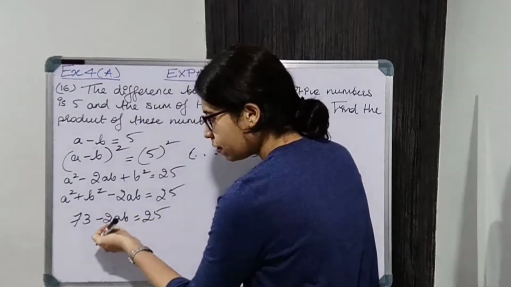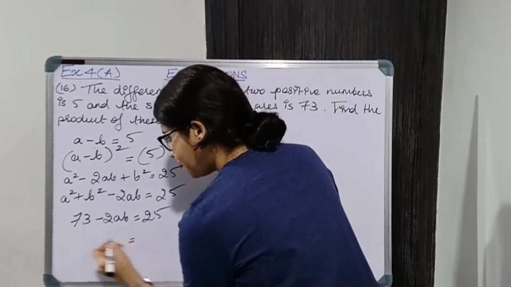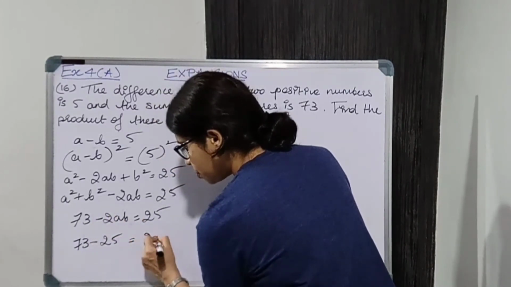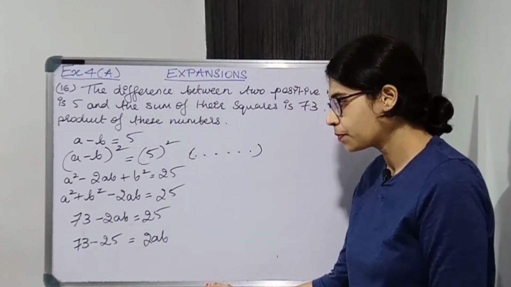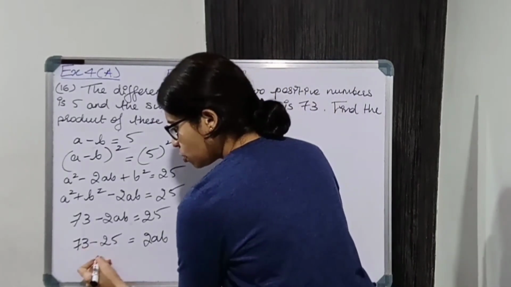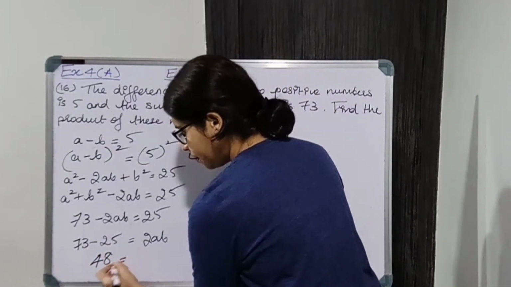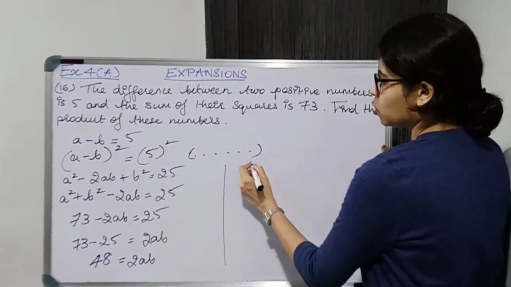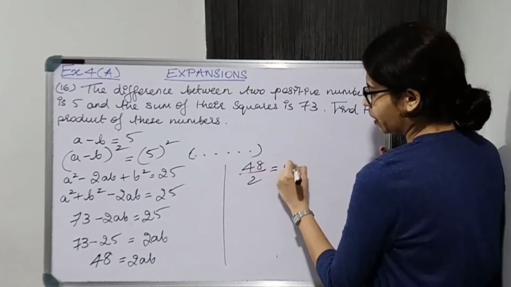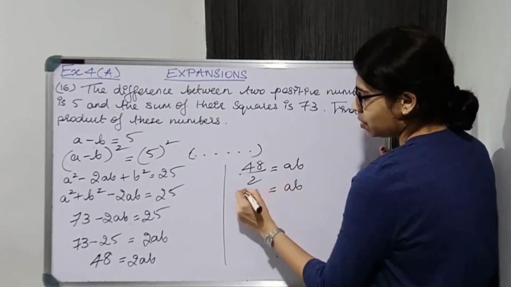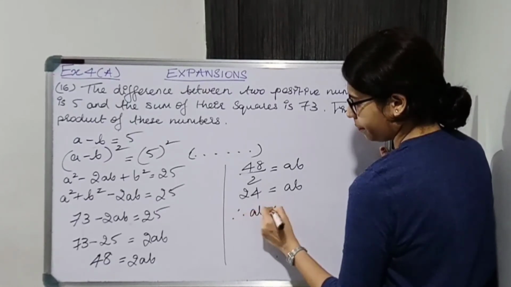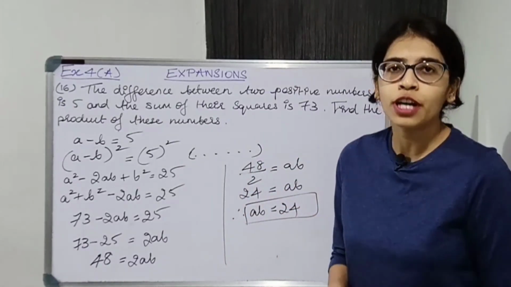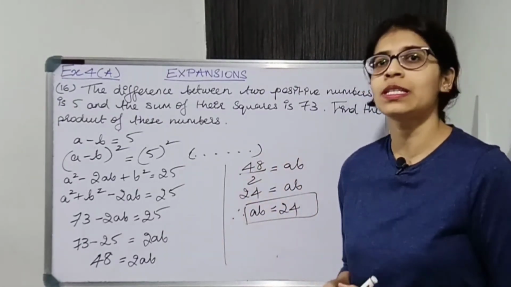We'll shift 25 and 2ab on the other side. So 73, 25 will become negative and this negative will become positive. So 73 minus 25 will give 48 and this is equal to 2ab. So 48 upon 2 is equal to ab. So ab is equal to 24. You can write the final statement: the product of a and b, that is the two numbers, is 24.